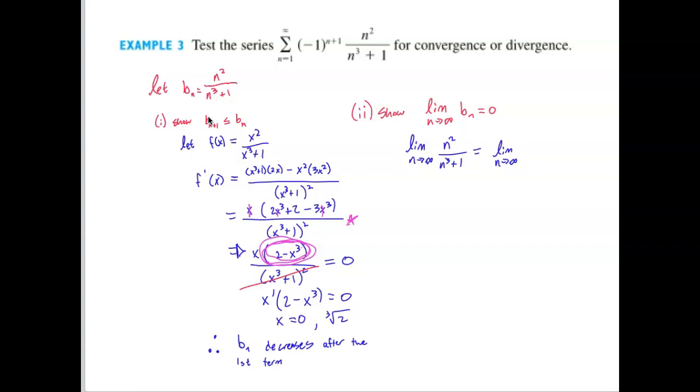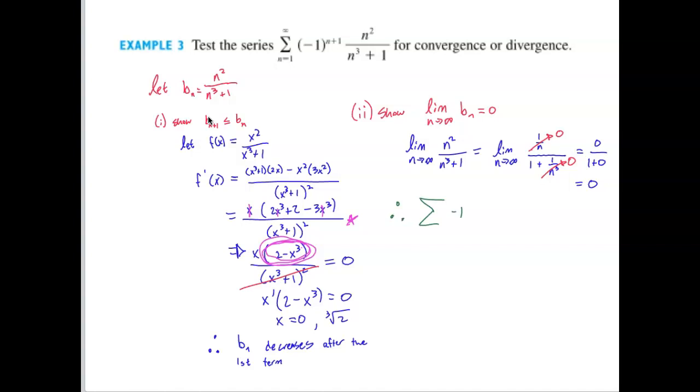So n cubed, right? In the numerator, that's going to give me 1 over n. In the denominator, that's going to give me 1 plus 1 over n cubed. The 1 over n will go to 0. The 1 over n cubed will go to 0. That means I end up with 0 over 1 plus 0, which is 0.